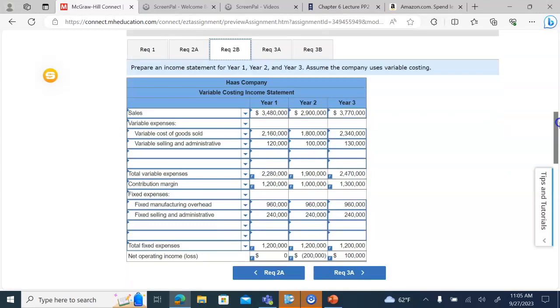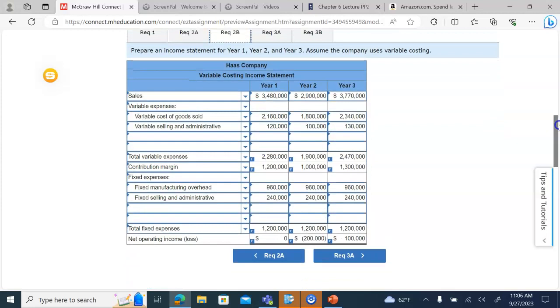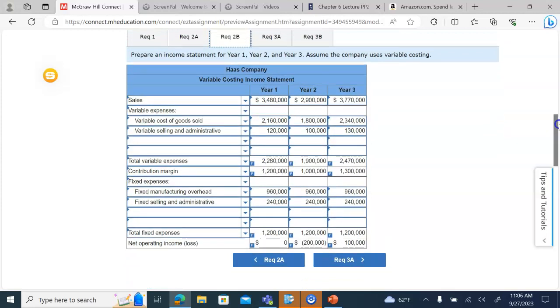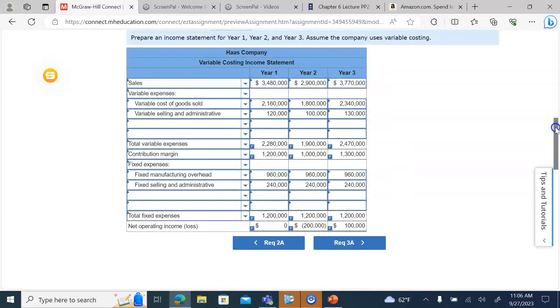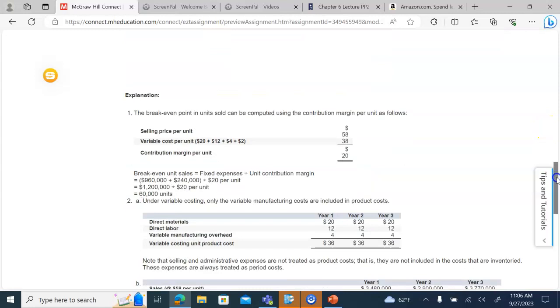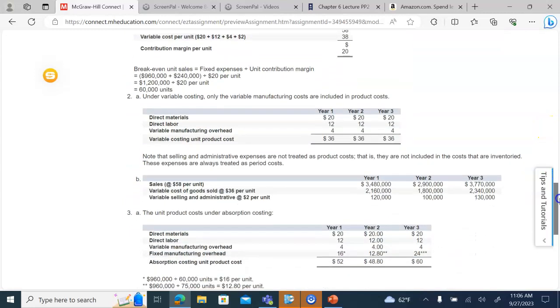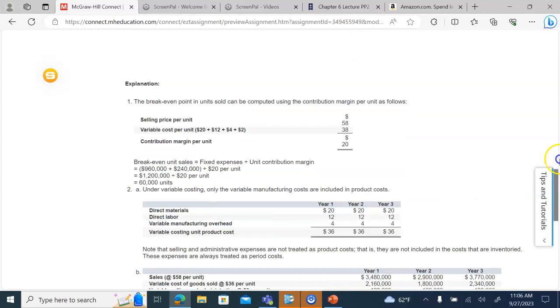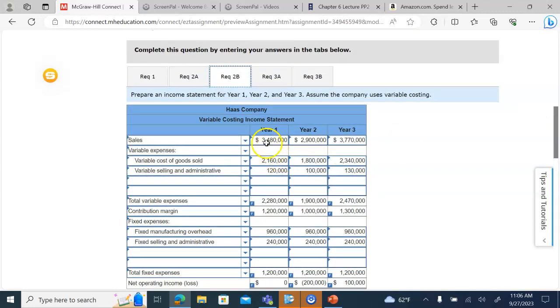So we show the sales of 60,000 units times 58, was it? 60,000 units times 58 is going to give us our 3,480,000 in sales.